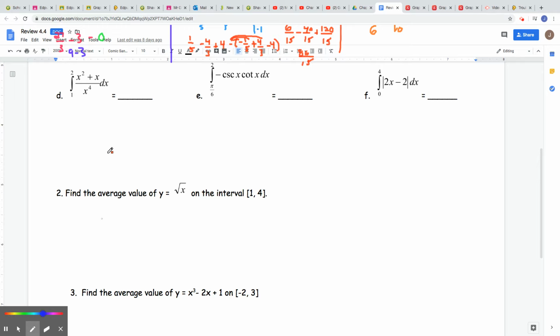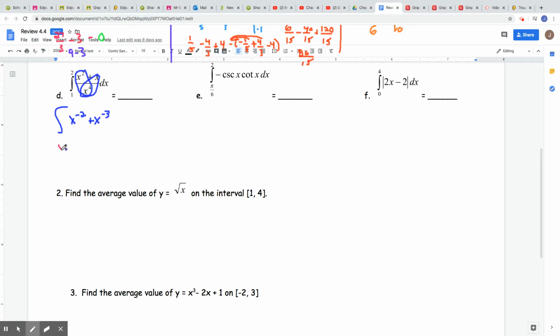All right. So now for this one, first thing we want to do is we want to split this up. Let's do x squared over x to the 4th, which is 1 over x squared, which is just going to become x to the negative 2nd. Then when I do this one, x over x to the fourth is 1 over x cubed, which is x to the negative third. All right, so that's where we're going to integrate first.